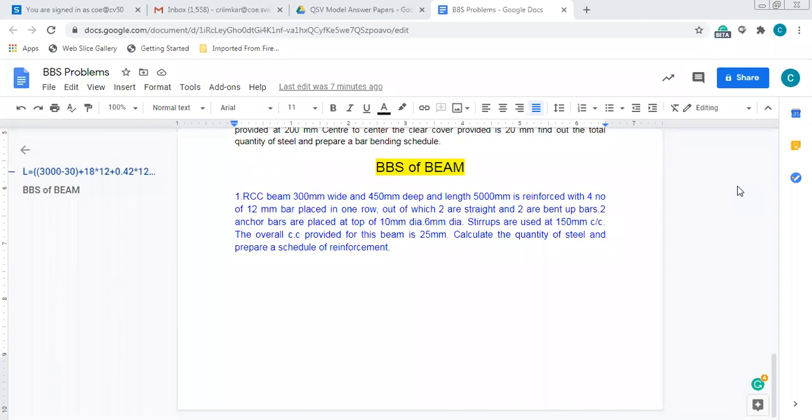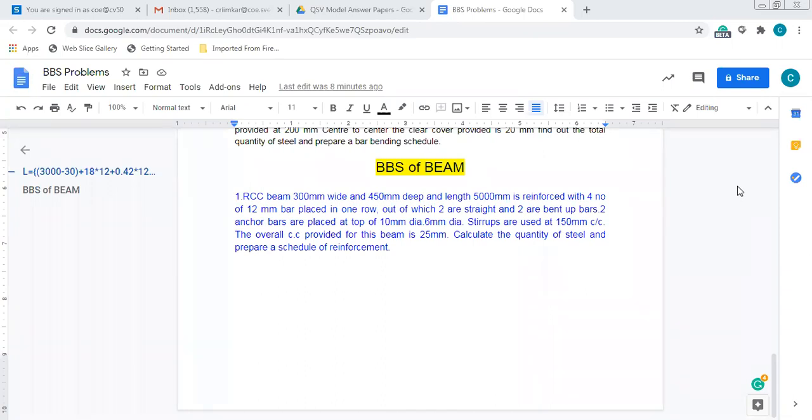If you look at the problem, an RCC beam of 300 wide and 450 deep and length 5000 is reinforced with four number of 12 bars which are placed in one row. What is given? There is an RCC beam having the width as 300, the depth as 450 and the length as 5 meters, that is 5000.